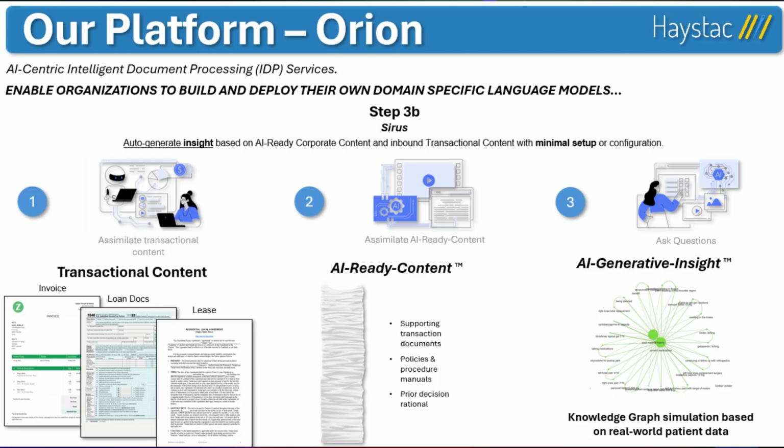So you could use the transactional version of Orion for just inbound transactions. You could use the enterprise version and build a RAG interface for HR, for manufacturing, for legal, right? That you pop under a chatbot.